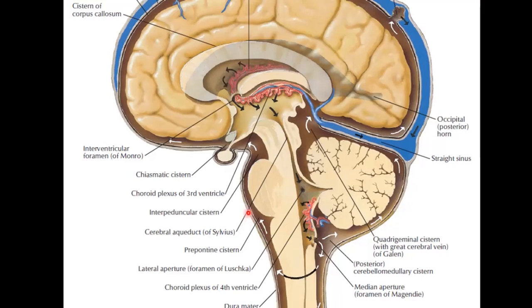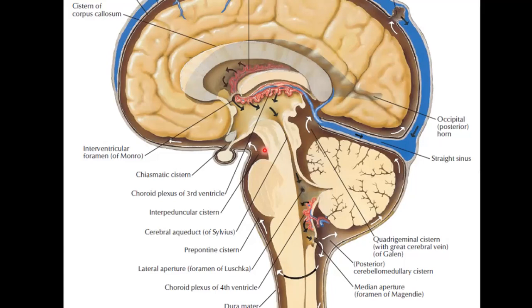Okay. Then here we have your pontine cistern or your prepontine cistern. Fluid will flow from the fourth ventricle via a foramen here, foramen of Luschka, here it is, into the pontine cistern. Then here we will have a very important cistern, the interpeduncular cistern. Please go and know the boundaries.